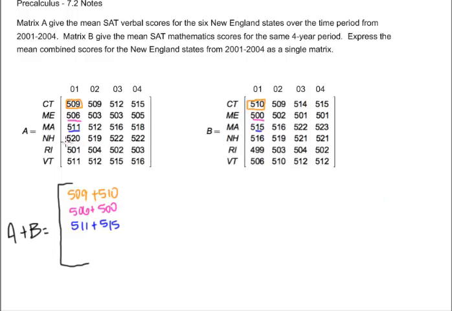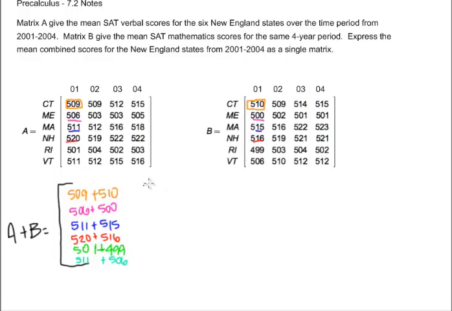And you do it for the third row, first column, 520 and 516. And you do it for the next one. And then you do it for that last guy. And you do this for every row and column and all the corresponding parts.